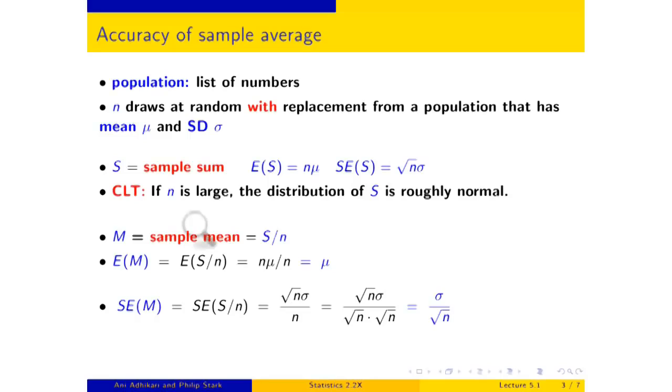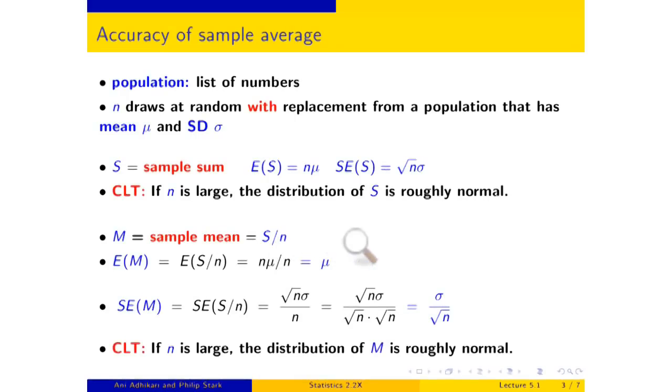And since the distribution of the sample sum was bell-shaped, the sample mean is just that with a constant multiplier, so the distribution of that will be bell-shaped as well. Provided, of course, the sample size is large.